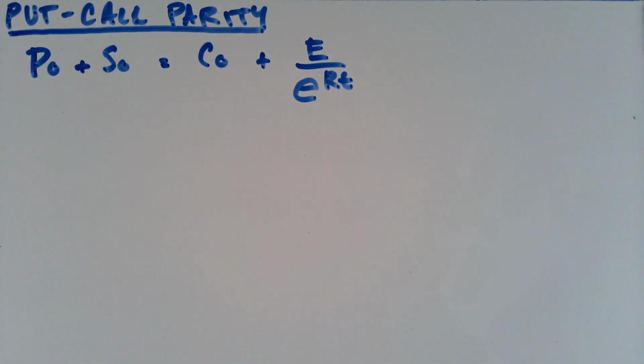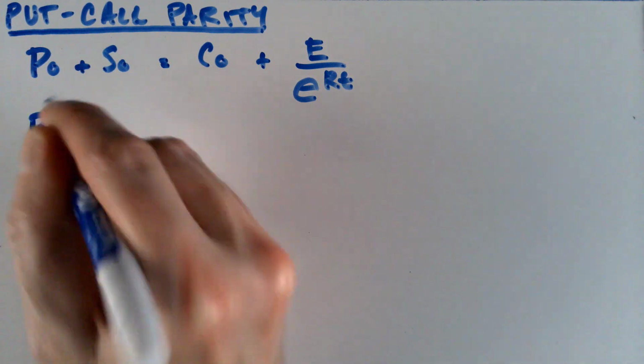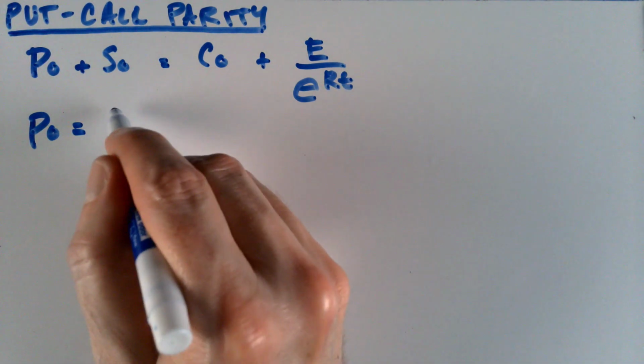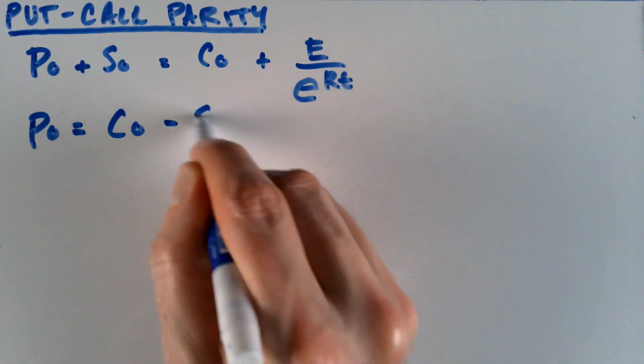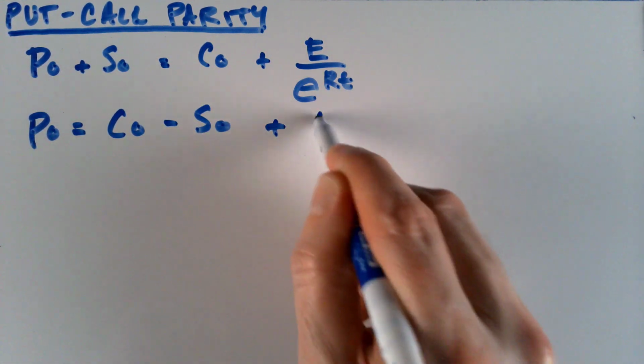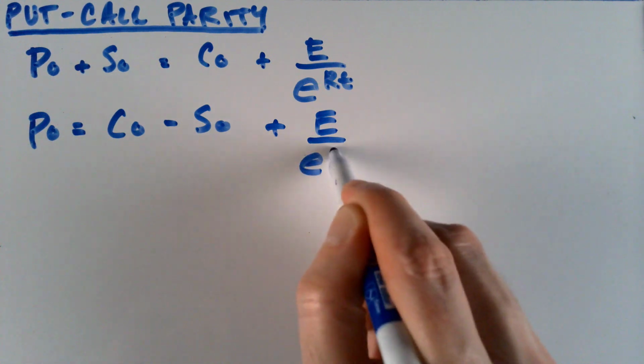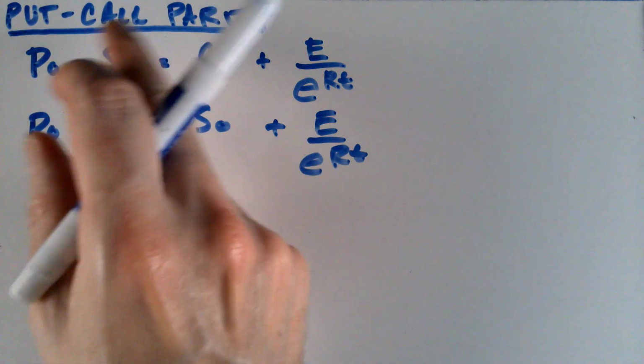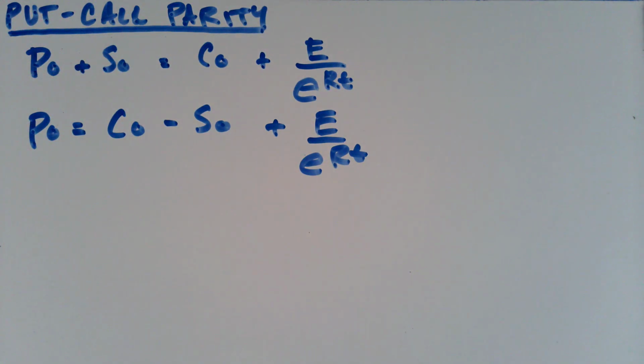Now that we have that squared away, let's go through and do some manipulation of this equation. First of all, it's really easy. If I want to find the value of P sub 0, I just have to subtract S sub 0 from both sides. So I'm going to do that, and it gives us this formula right here. Notice S sub 0 disappears from this side because it cancels out.